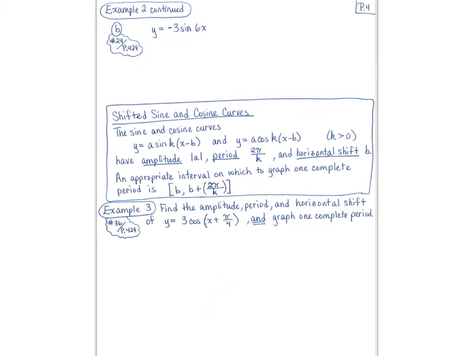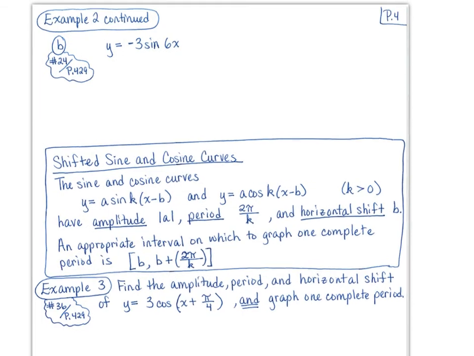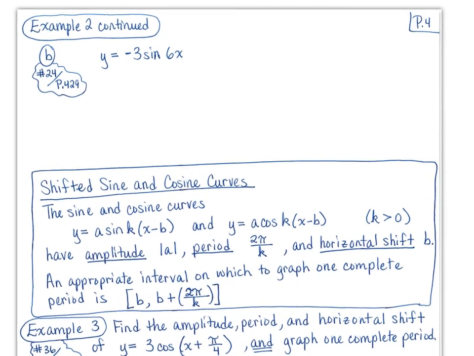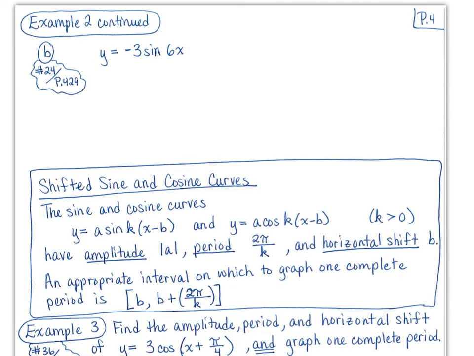We have y is equal to negative 3 sine of 6x. So your amplitude is what here? Amplitude is 3, right? Because it's equal to the absolute value of negative 3, which is 3.